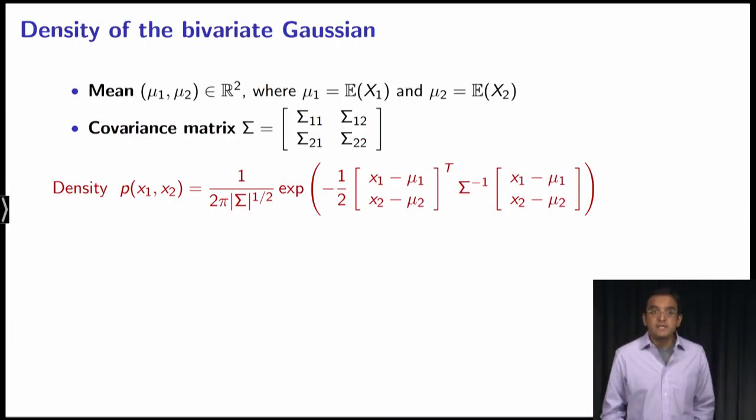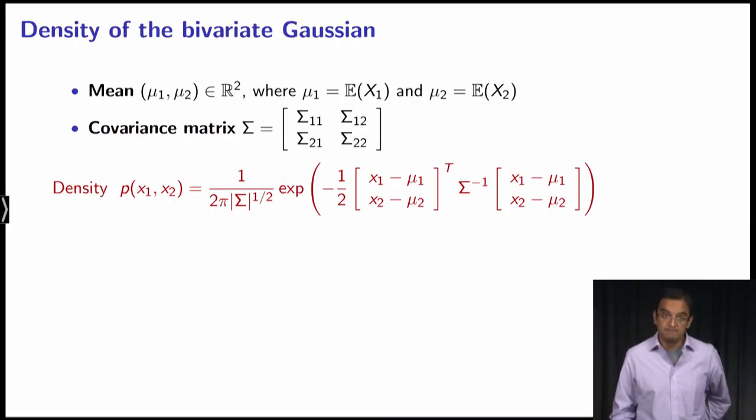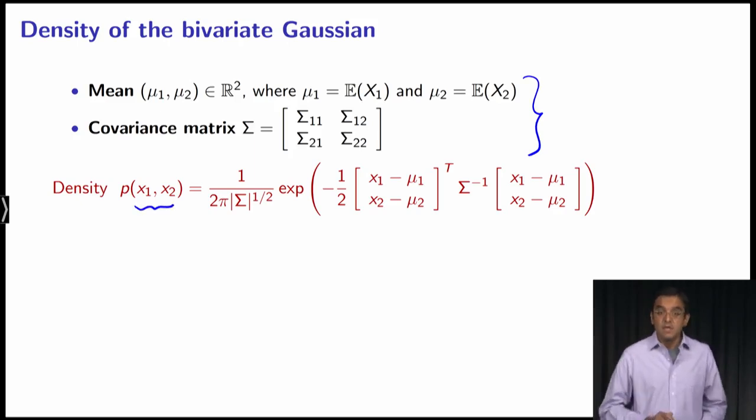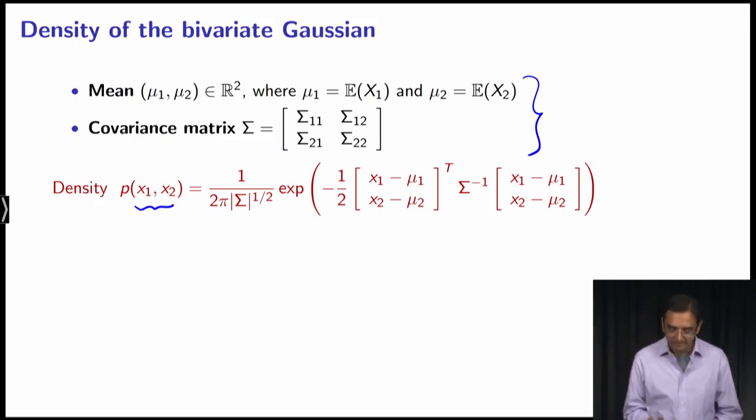So now let's look at the precise form of the density. Okay, so we've already discussed the parameters. What is the formula for the density? What is the density at any given point x1, x2? Well, it has this formula over here, which admittedly looks a little bit messy, and there might be some terms that are confusing, so let's just go through them one by one, okay?